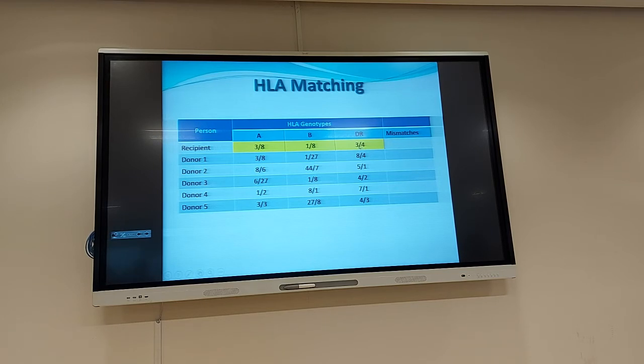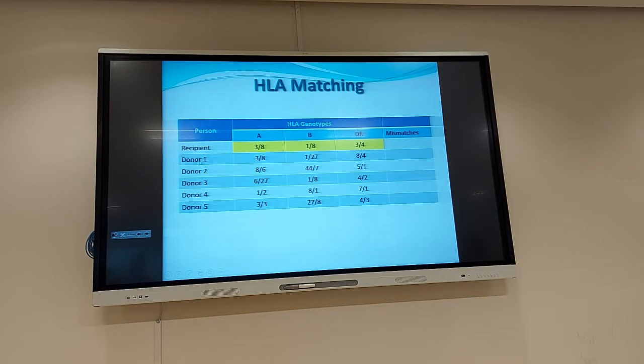At this start, it doesn't matter whether this is denoted as 1/8 or 8/1, because there's an expression on each cell in the body of the mother's and the father's HLA. So we want to look at these donors and see the closest match between the donor and the recipient.